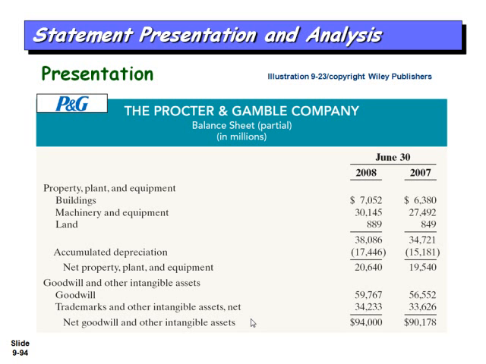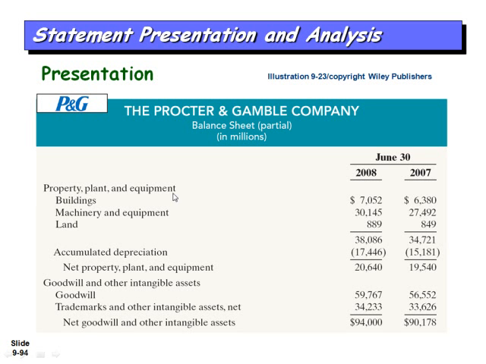Let's talk about financial statement presentation and analysis. This is out of your textbook. This is a piece from the Procter & Gamble company showing just the long-term assets. You don't see cash, accounts receivable, inventory. We're just focusing on the Chapter 9 long-term assets.